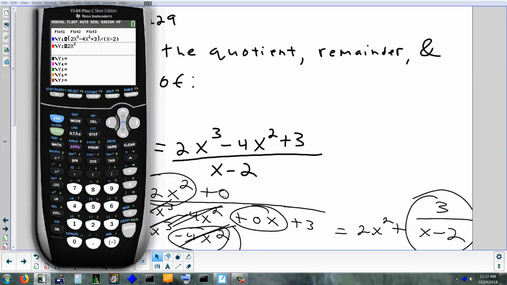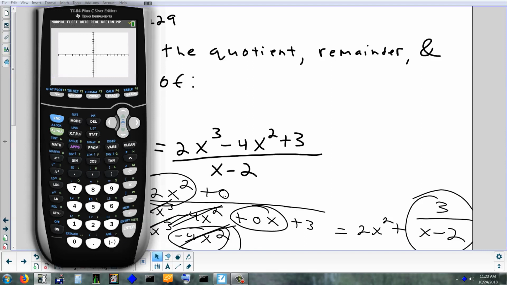I can make it dotted by going over to where I can change the color, hit enter, then go down to the line and find the one that's dotted. You don't have to make it dotted, but if you want to draw it the way we've been doing it, it should be dotted.